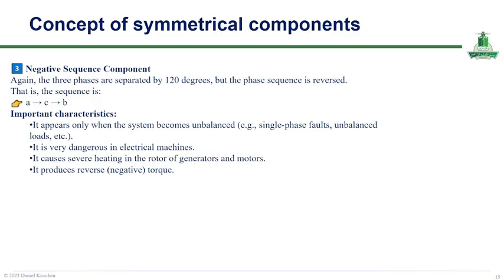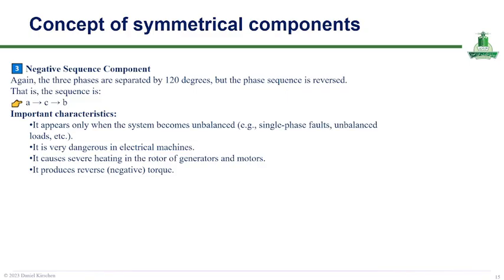This condition typically appears when the power system becomes unbalanced, such as during single phase faults or when uneven loads are present, and we need to take into account negative sequence components in our models.